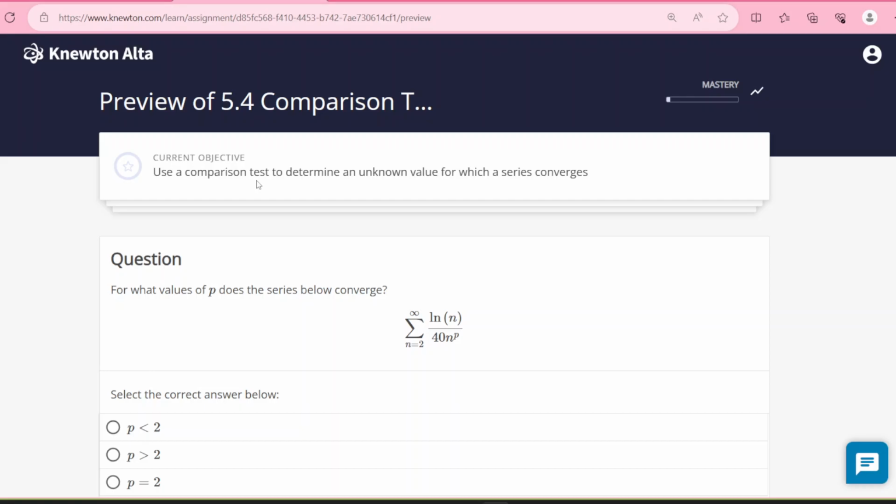So for most of these, when they say use a comparison test, I'll be choosing to do a limit comparison. And we should do a limit comparison to some series we know something about. So our geometric series or p-series. Those are the two typical ones that we know something about.